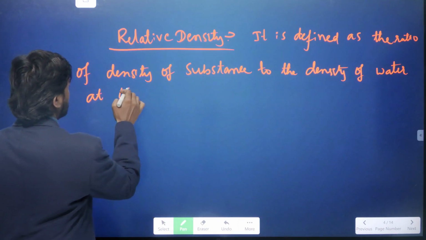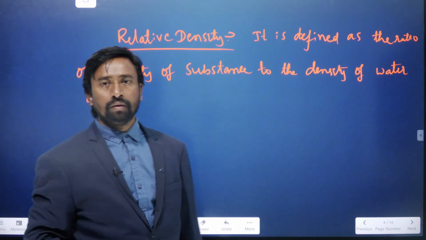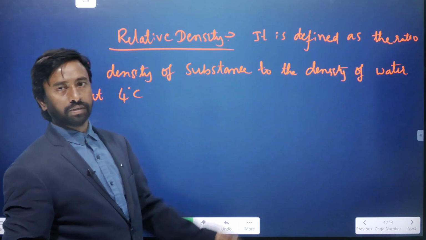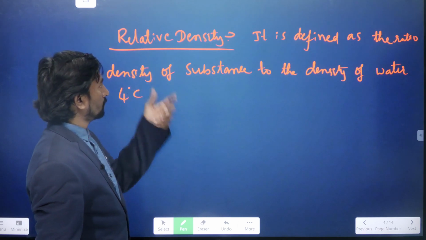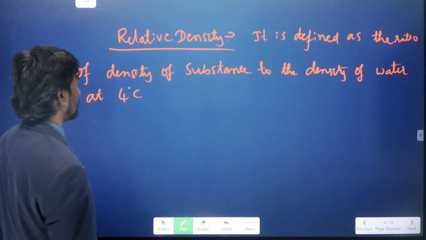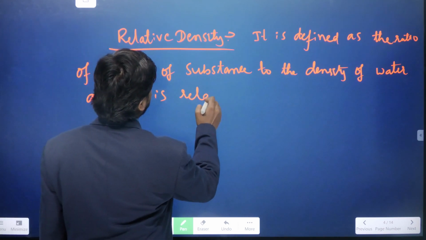That means the density of the substance is compared with the density of water at 4 degree Celsius, and how much the density of the substance is, that quantity gives the relative density of that substance.